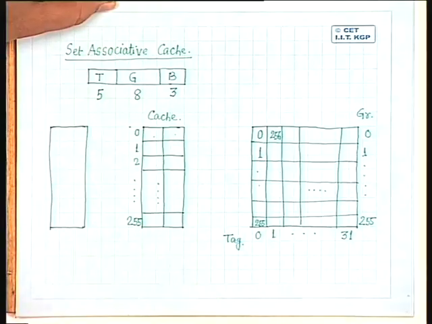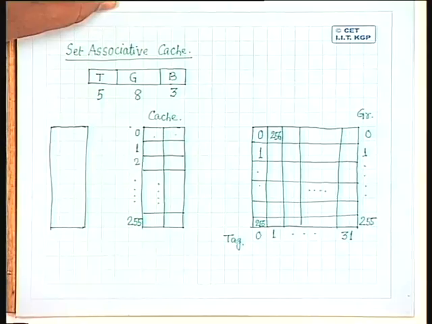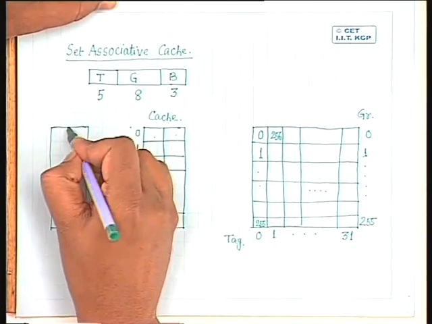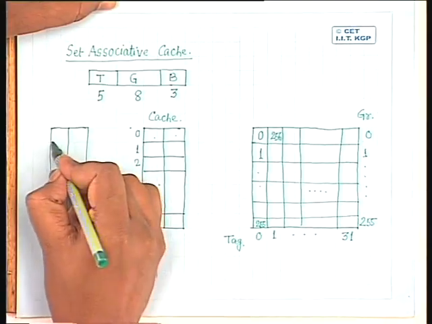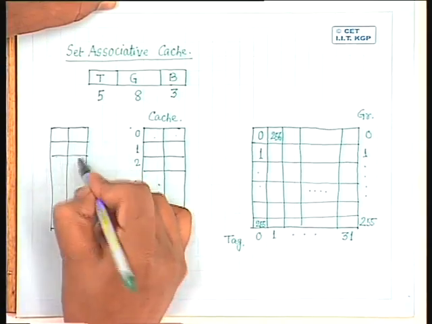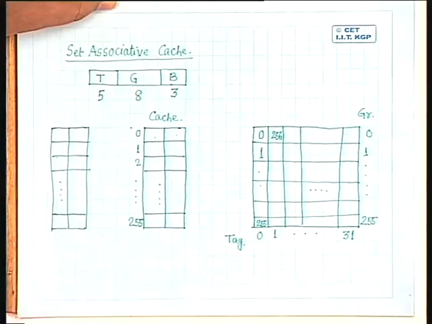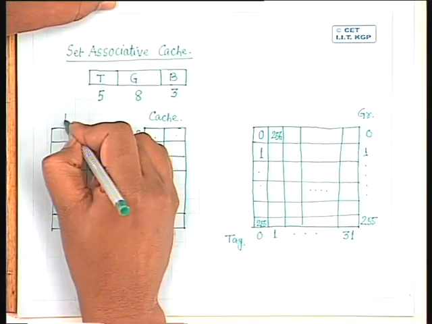That is, the tag memories will also be divided into a number of sets, where every set will consist of 2 tag memories. So these are the tag memories, which will also consist of 256 sets, and every set will consist of 2 tag memories.